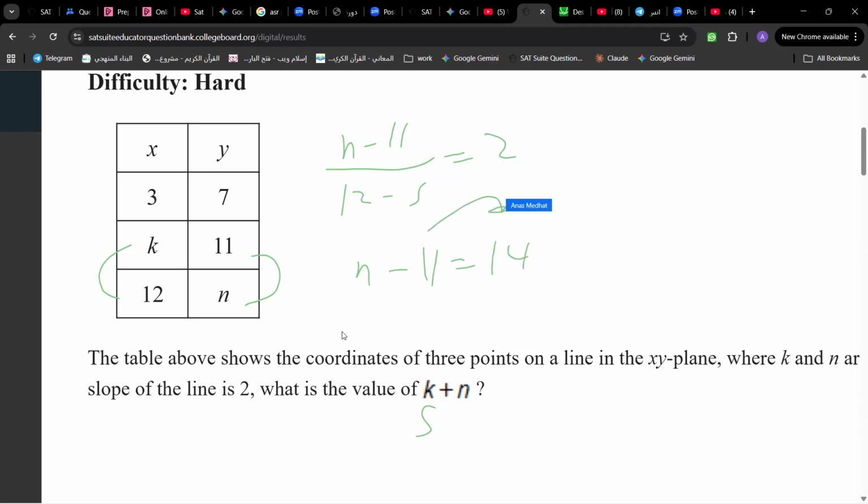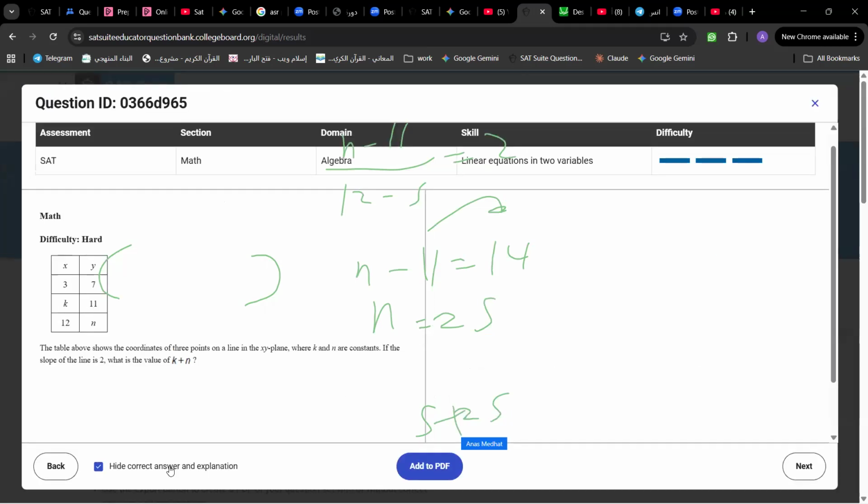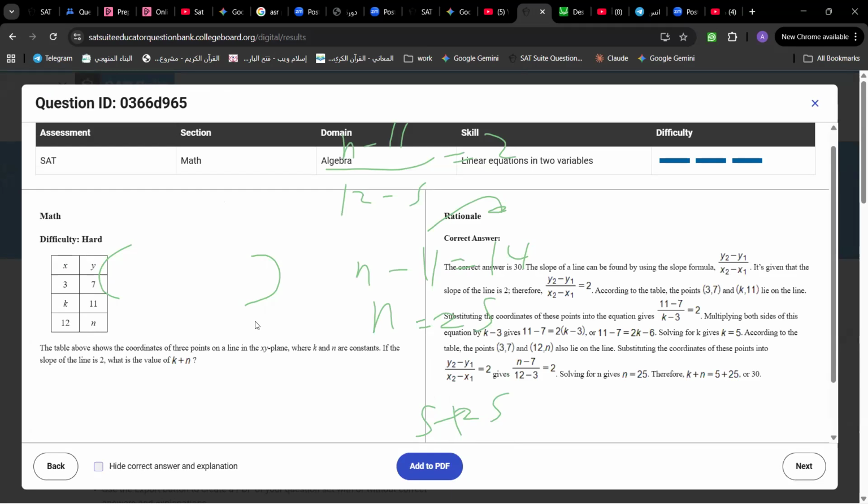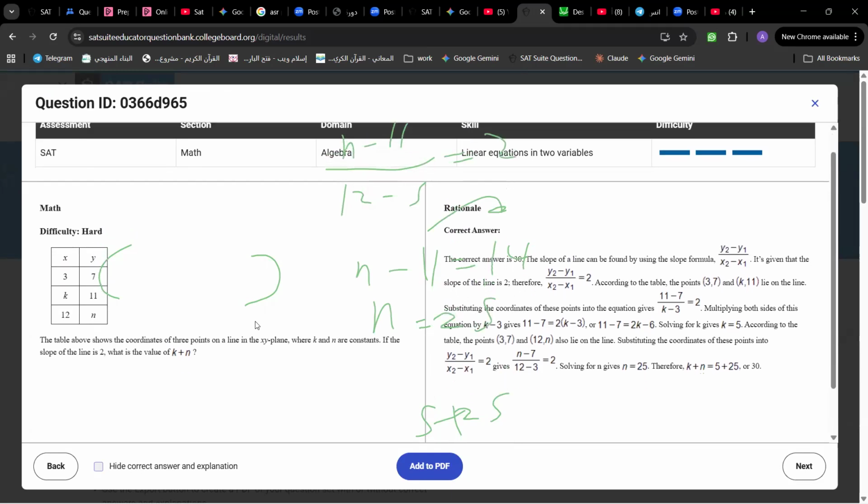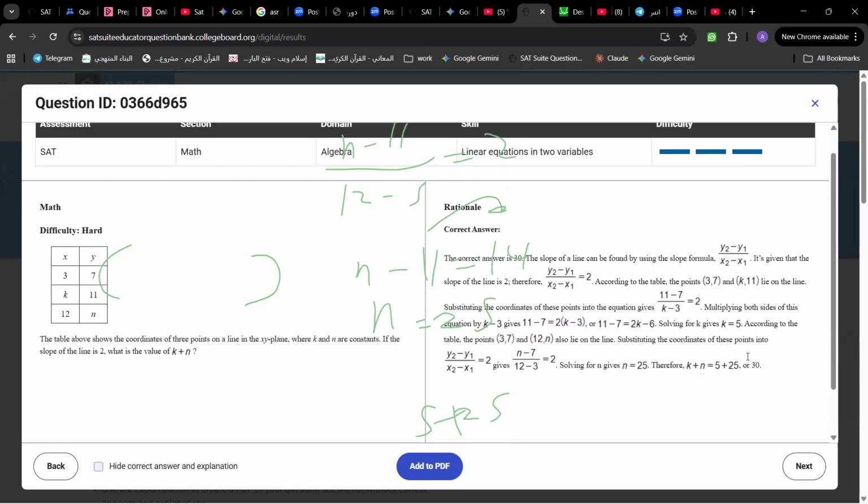Shift negative 11 to the other side. 14 plus 11 is 25. So the answer is 30. Yes, the answer is 30.